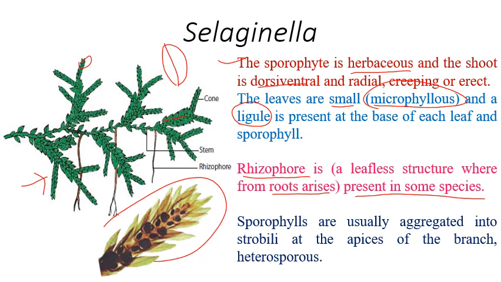Here you can see that through the stem there is a formation of a rhizophore, and that rhizophore shows characteristic root features. Here you can see the rhizophore, which shows the roots at its tip.